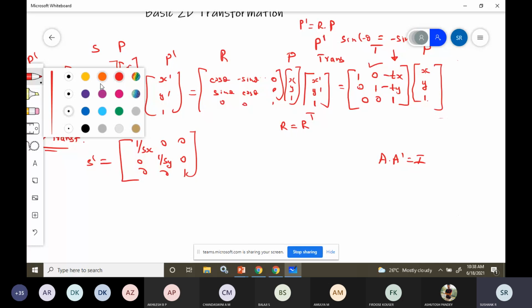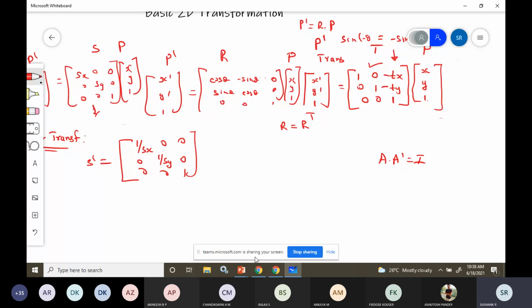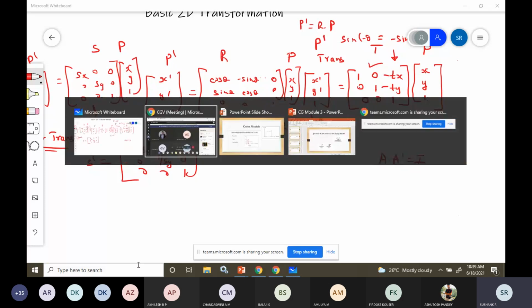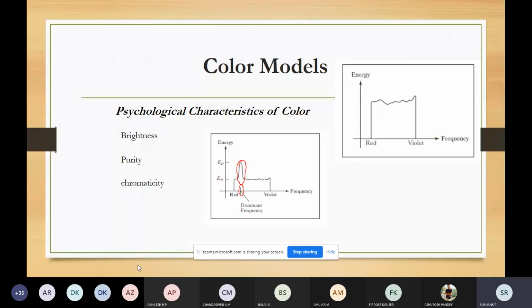If you just go to the other color combination, this is not the pure one. Or in paint also, if you're trying to add some color, if you're diluting that color, adding some white color, or adding some dark color, that is not the pure one. It is having the lower purity.